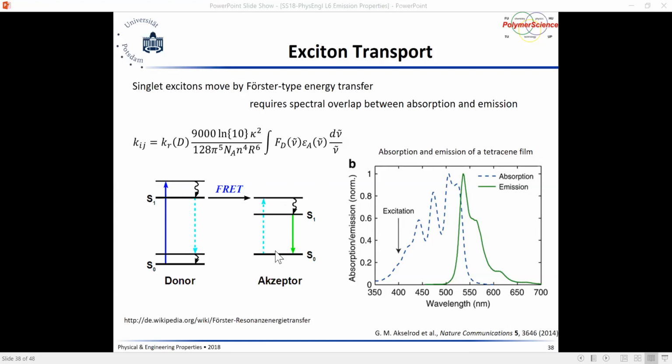And now the acceptor chromophore wants to lose this electronic excitation that it has gained through the energy transfer. It can do so through fluorescence. So we excite this, the energy gets transferred to your acceptor, and then it fluoresces.